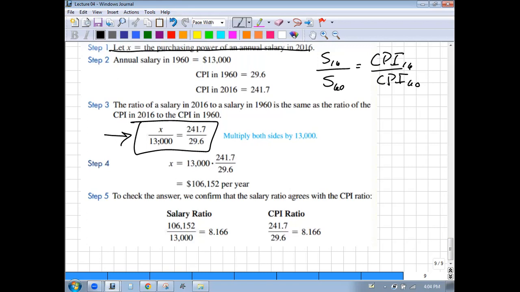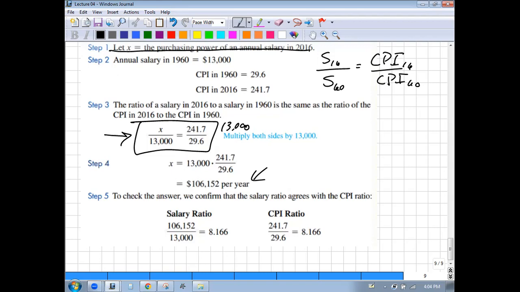We do that by multiplying both sides by 13,000. If I multiply everything by 13,000, on this side it just goes away, but on this side we have to keep the 13,000. We simply multiply, and we have 106,152. I understand the math. The math is real simple, right?